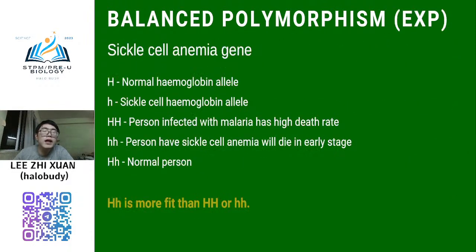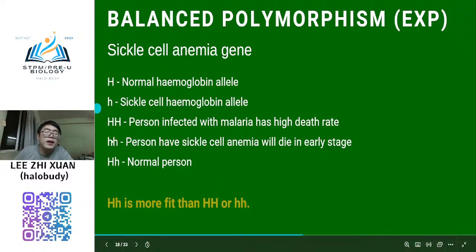So one of the examples actually is the sickle cell anemia gene. If you know that sickle cell anemia is one type of genetic disease, right?